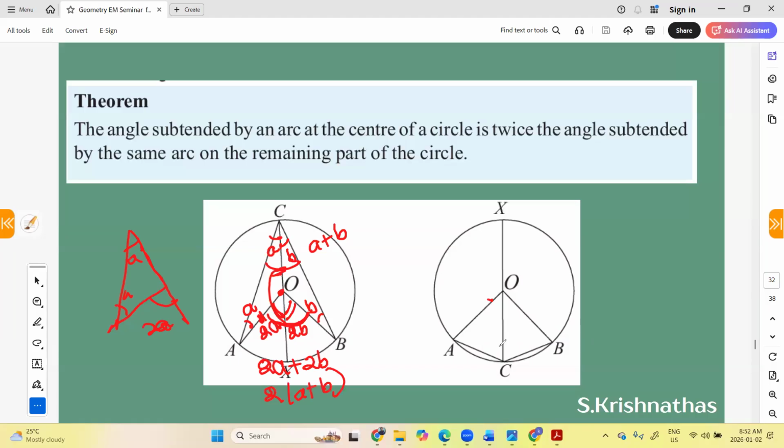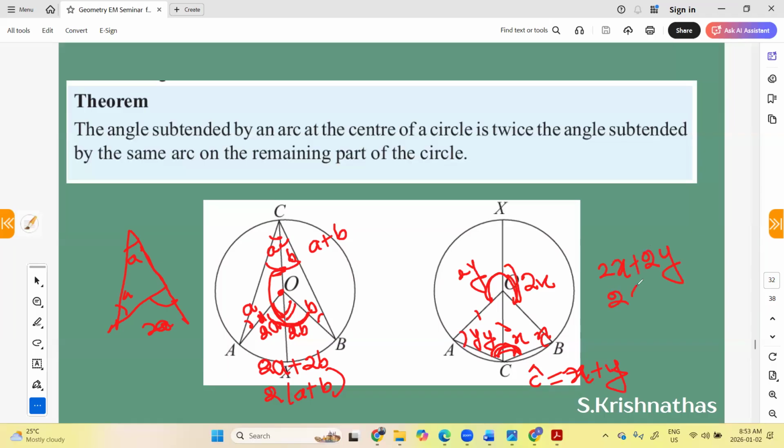Students, here, if this is y, this one also is y, so this one is 2y. Same thing, if this is x, this one is x, this one is 2x. So this angle C is x plus y. This reflex angle is 2x plus 2y.